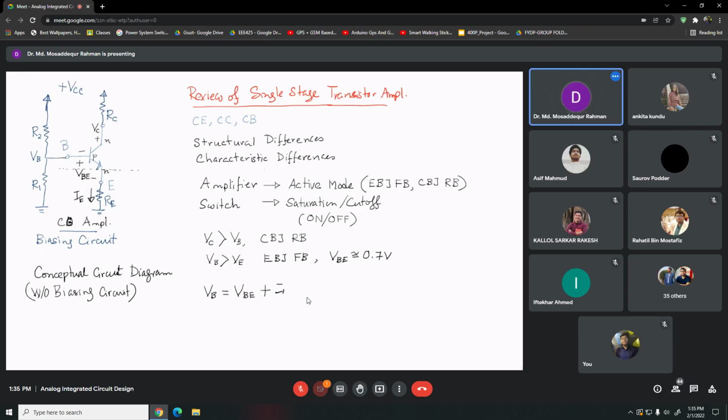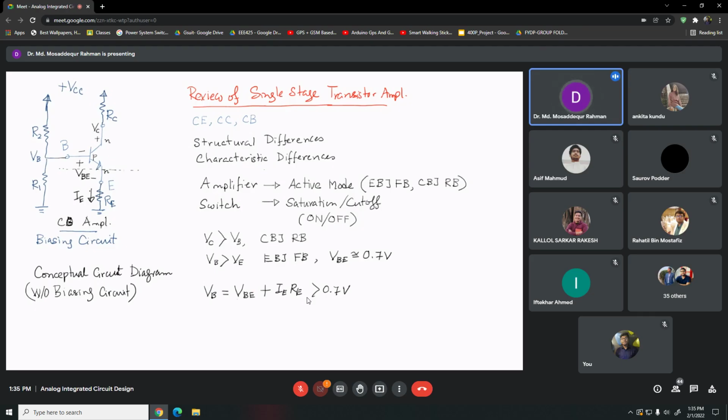So that will be IE RE, right? The total voltage has to be greater than 0.7 volt, because VBE has to be 0.7 plus this voltage. So we have to ensure that VB is greater than 0.7, right?